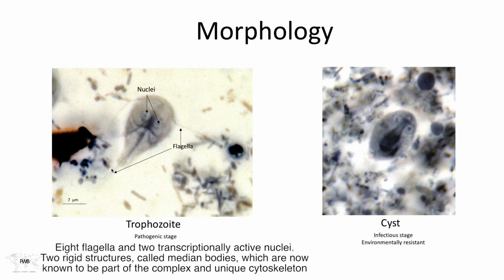And then finally, if we move on to the other form of this infection, so there are two forms of this infection, we see now that it has another rounded up, non-flagellar type of entity, which we will call the cyst. This is able to resist the outdoors. So if we were to defecate in the woods, and if there had to be a freshwater pond in the locality that we did that in, this organism would be able to survive in that situation for some time, so that it could then be transferred to another animal.